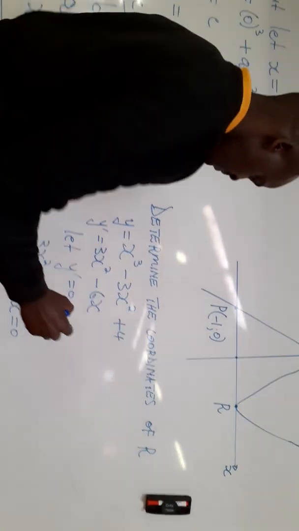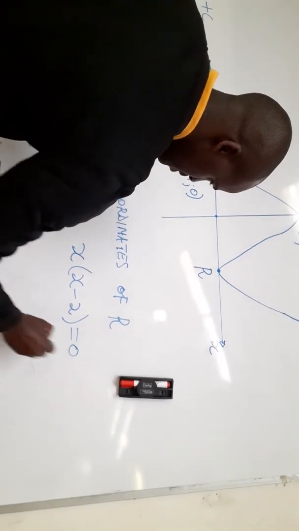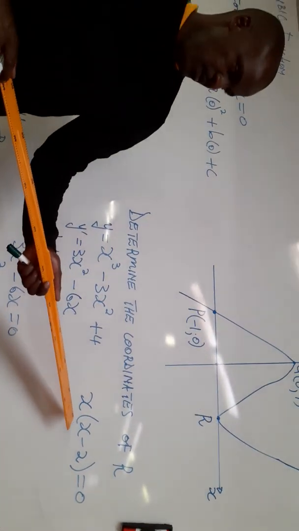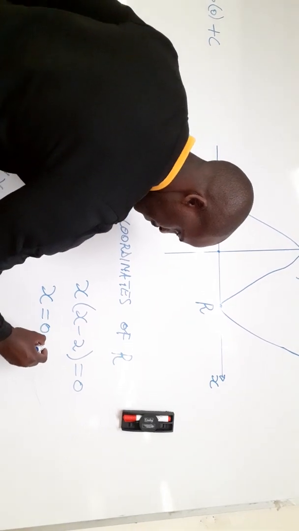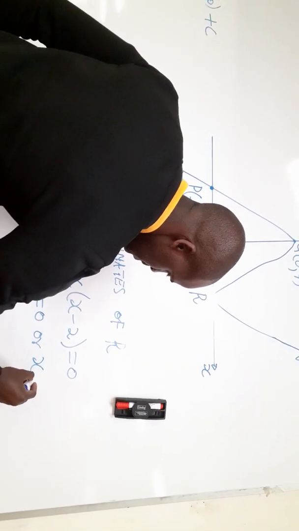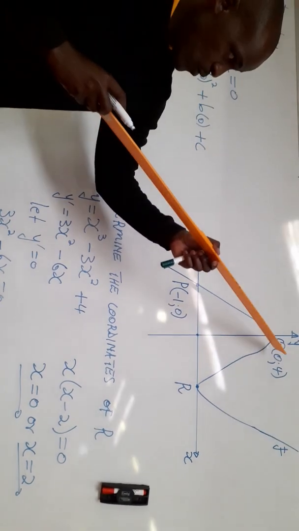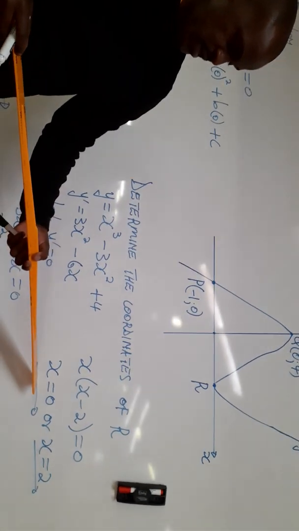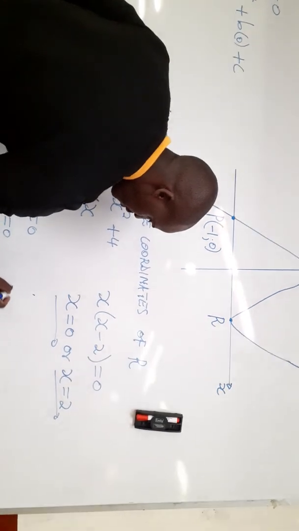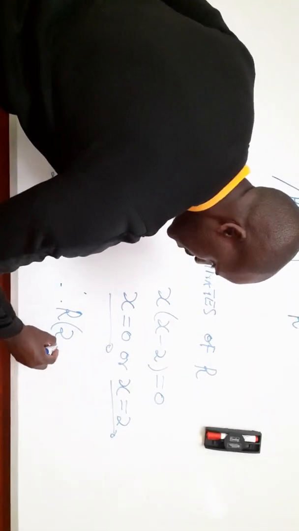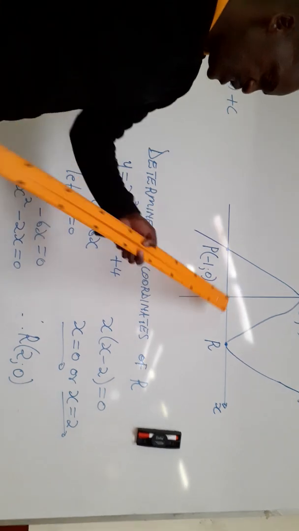Let's factorize: x into x minus 2 equals 0. x will be equal to 0, or x is equal to 2. So these are the x values at the turning point. x is 0 at point Q, as you can see, which means this positive 2 is for point R. Therefore, the coordinates of point R are (2, 0). It's the x-intercept and at the same time a stationary point.